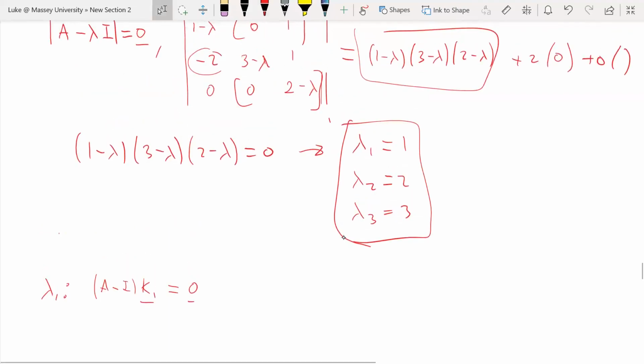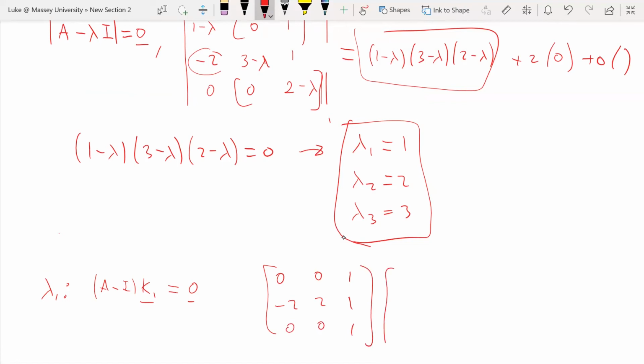So in other words, I'm subtracting 1 from the diagonal of A. So 1 minus 1 is 0, 0, 1, minus 2, 3 minus 1 is 2, 1, 0, 0, 1, times k1, k2, k3 equals the 0 vector.